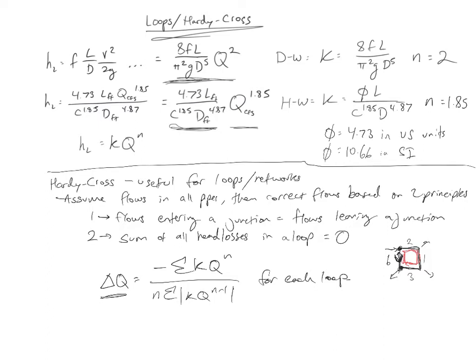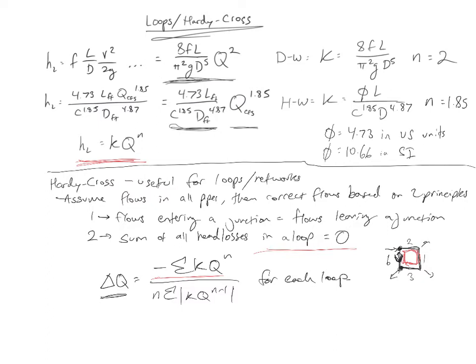Note that the top of this equation, the summation kq to the nth: we just talked about how head losses can be expressed as kq to the nth. When I say the summation of kq to the nth, I'm saying what is the sum of all the head losses in that loop? Well, we said the sum of all the head losses in the loop should be 0. That was our second principle. Thus, if I calculate delta Q and the sum of all the head losses in the loop is 0, my delta Q is also going to be 0, in which case I'm done.